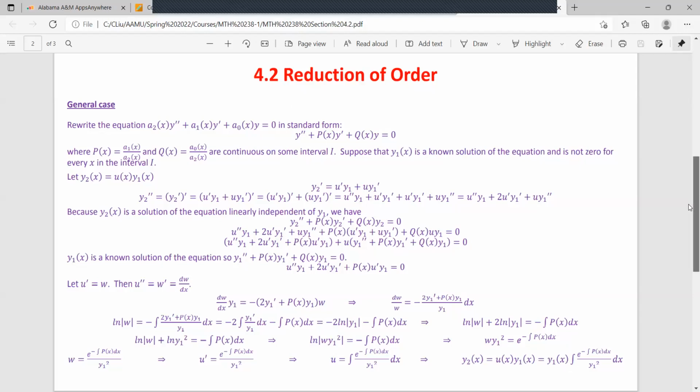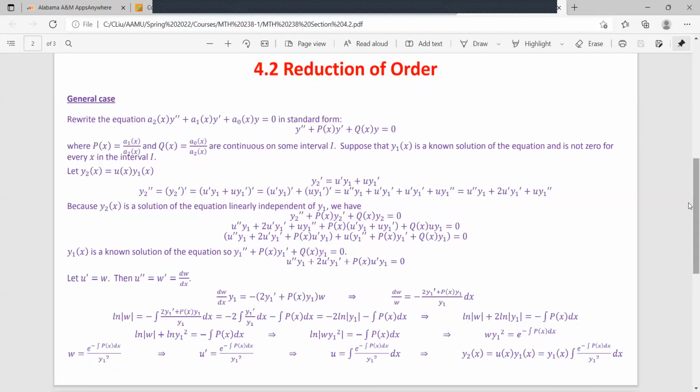So I'm not going to repeat the whole derivation of the formula. Let's just do one example to use the formula to find the second solution linearly independent of the solution we already have for the associated homogeneous equation.